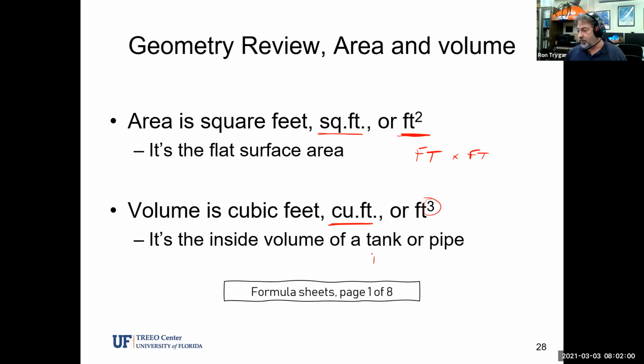So it'd be feet times feet times feet, like length times width times height in feet units. That would be an exponent of 3, which is what you see written here. So it's the volume inside of a tank or a pipe, the empty space inside.